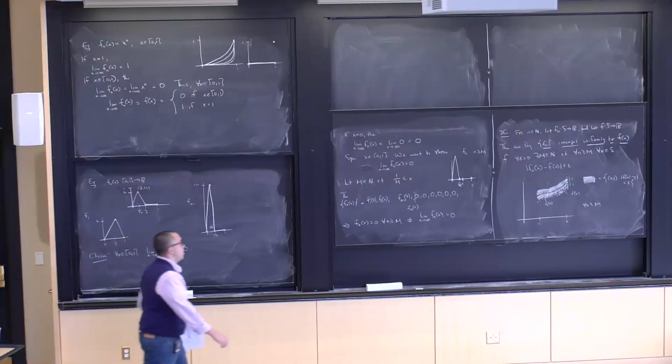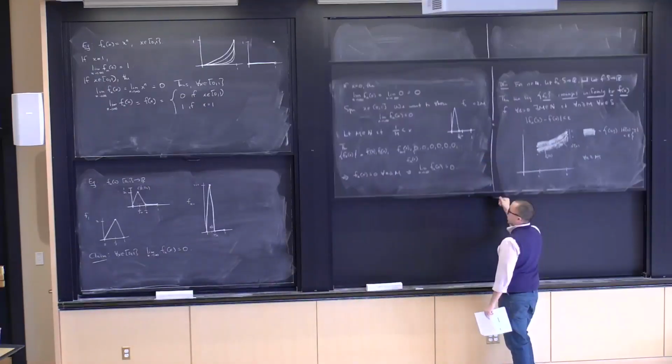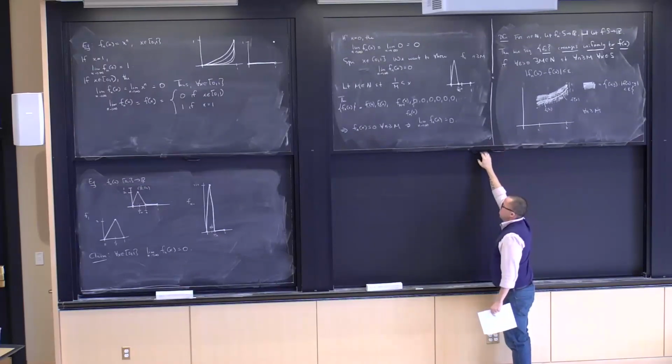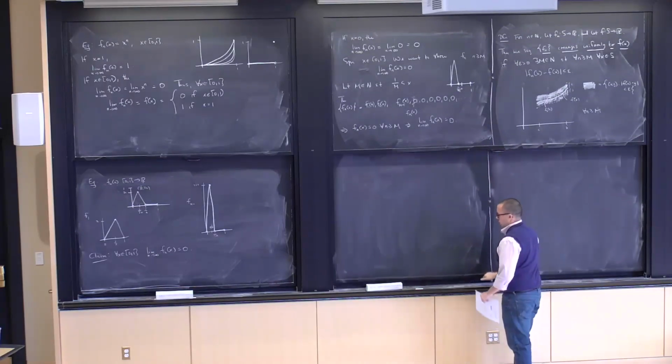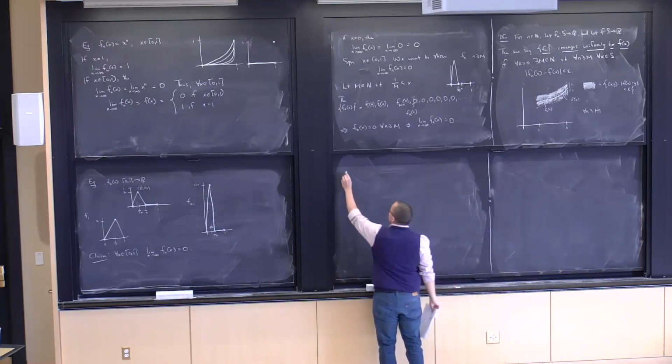So I've said a couple of times that uniform convergence is stronger than pointwise convergence. Let me actually prove this now. So let me prove the following theorem.